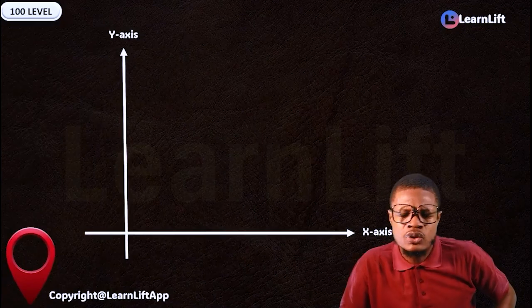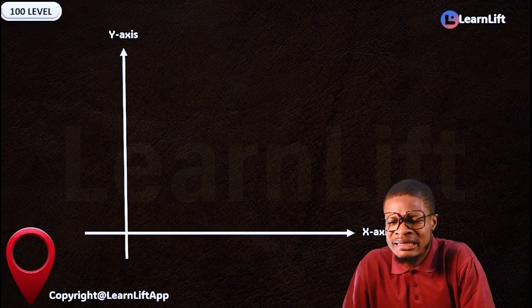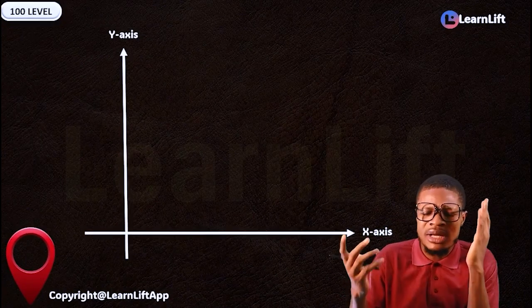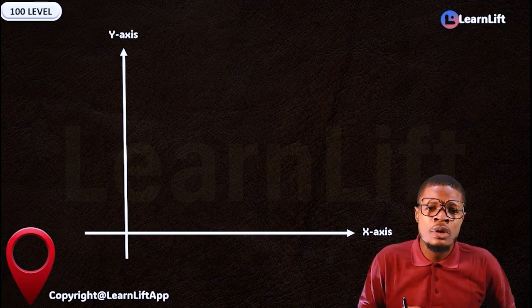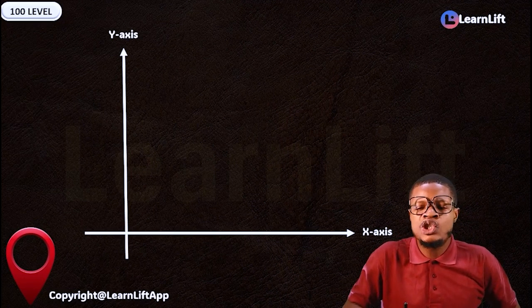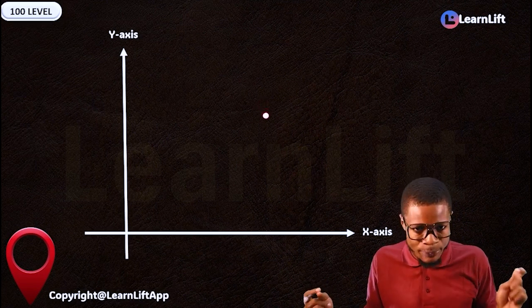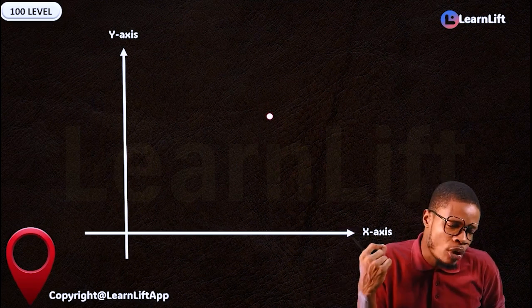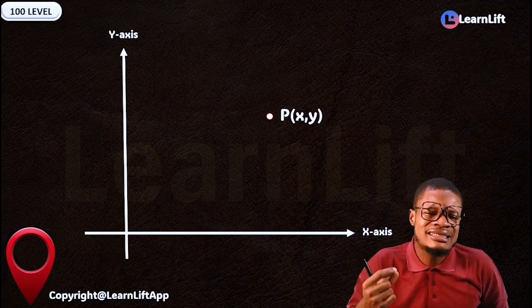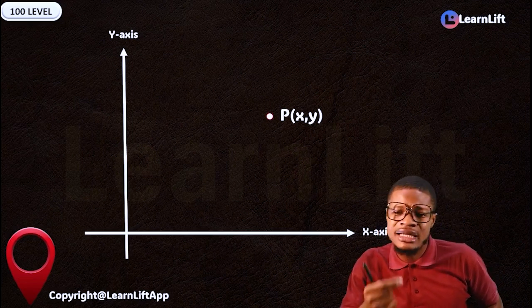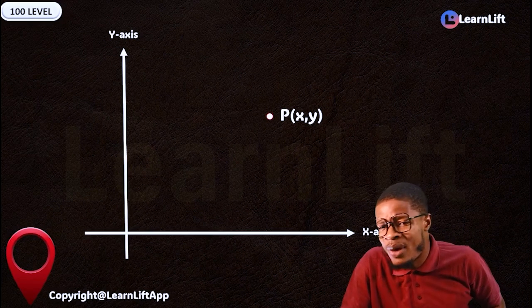Now also look at this quickly. You can see our coordinate plane, your y-axis and your x-axis. Let's say we decide to position a point. Let's call it point P, and the coordinates of the point P are x, y.